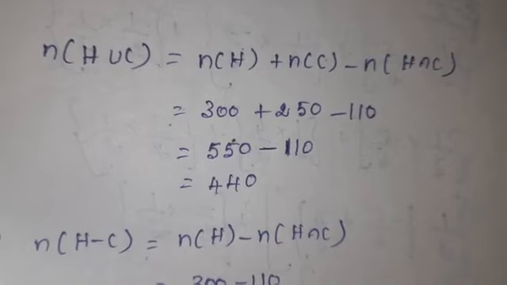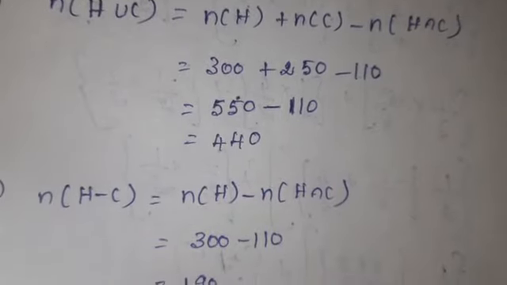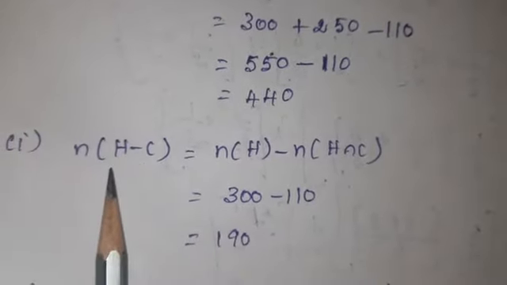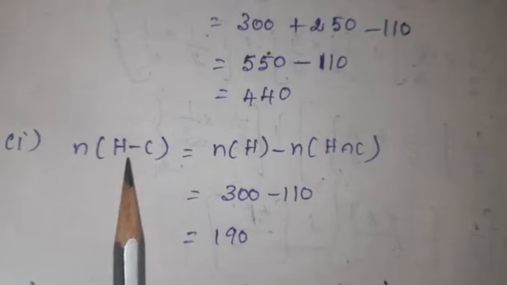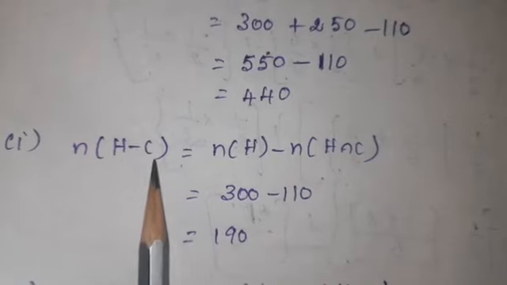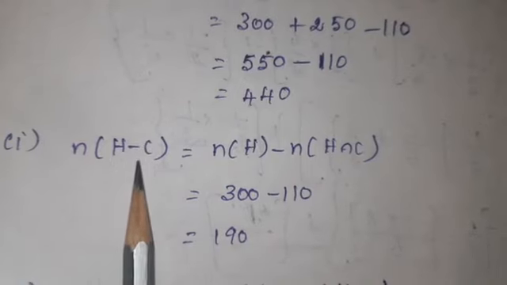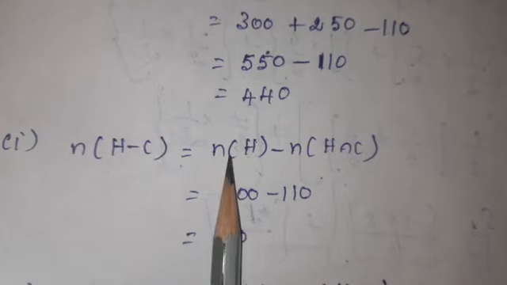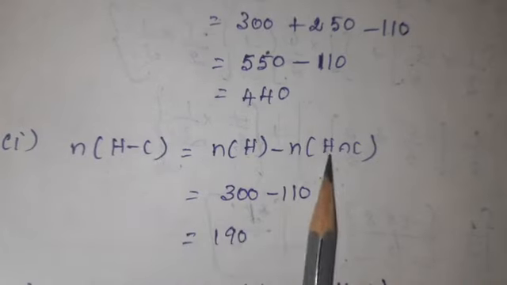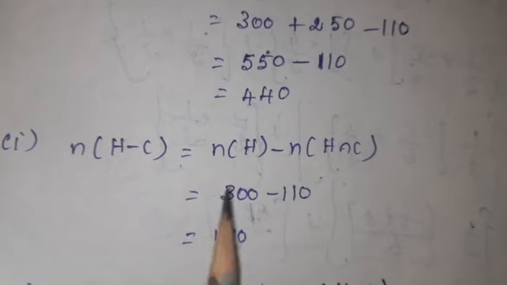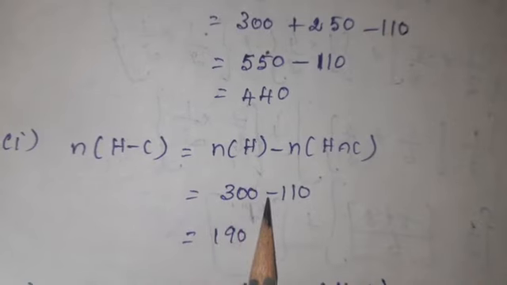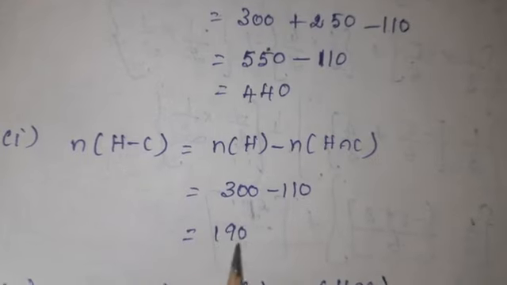Next I am finding the first question, the number of students who play only hockey. So only hockey means H minus C, that is hockey minus cricket. The number of students, n of H minus C, is equal to n of H minus n of H intersection C, is equal to n of H which is 300, minus both which is 110. When you subtract, you will get 190.